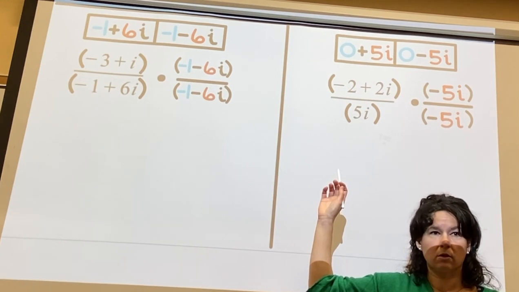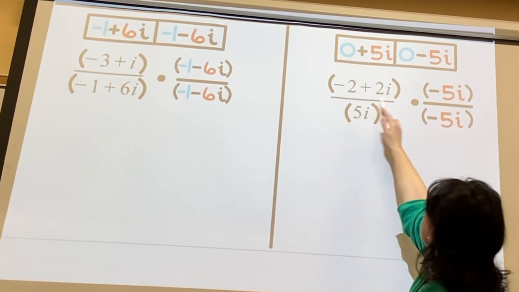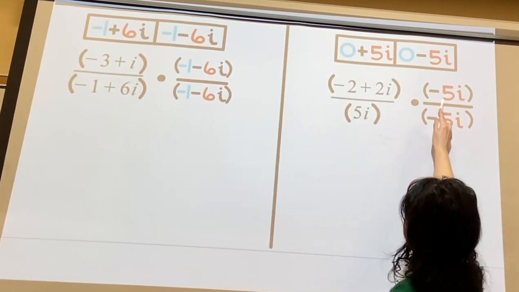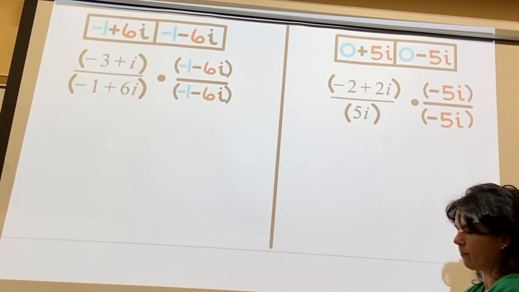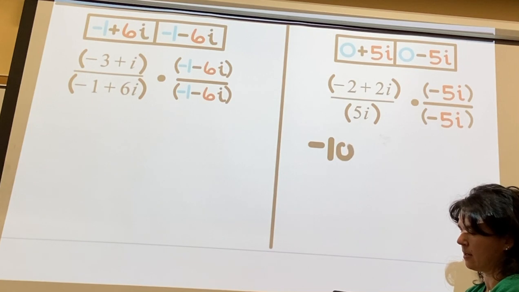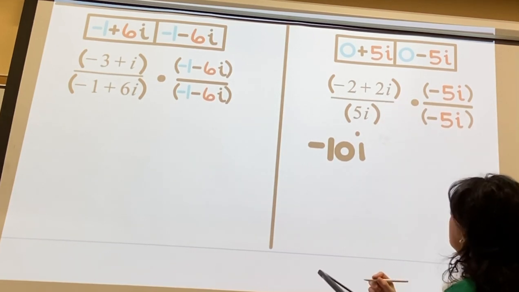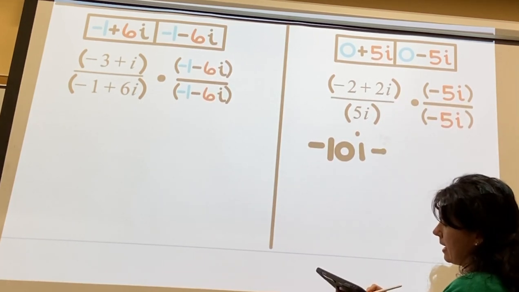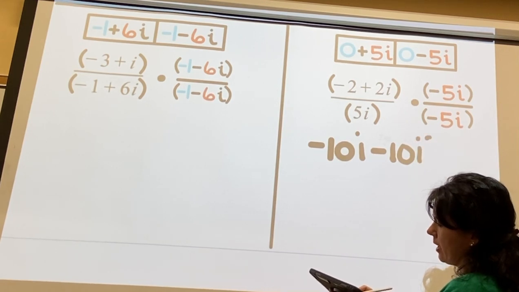Can you finish the second one? This one here? Okay, so if I multiply these ones together, I'm going to need to distribute. So negative 5i times negative 2 is going to be negative 10i. And then negative 5i times 2i is going to be negative 10i squared.